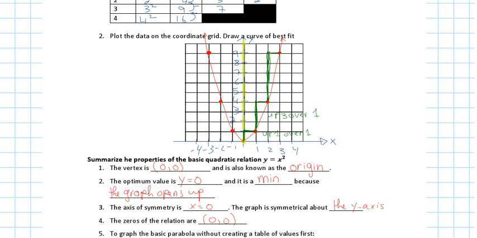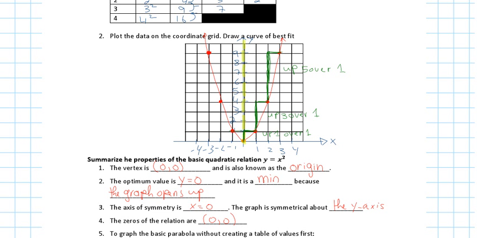Then I can go over to the other side as well: up 1 over to the other side, up 3 over to the other side, up 5 over to the other side. So I start from the vertex because that's the middle of my graph, and I go up 1 over 1 to both sides, up 3 over 1 to both sides, up 5 over 1 to both sides.